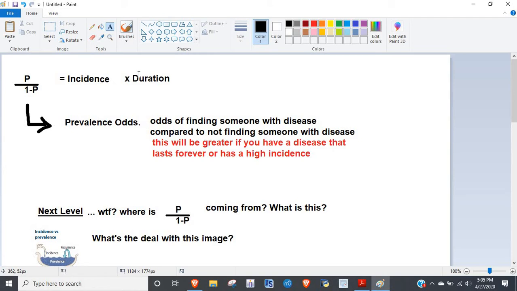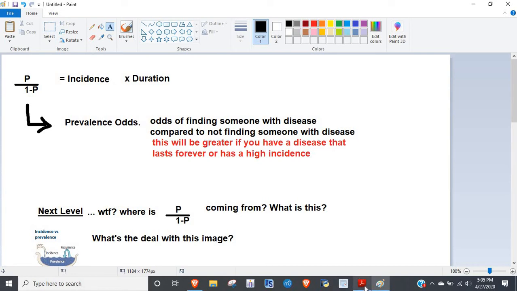You have a disease out there, and let's say it lasts a second. Well, the prevalence is going to be tough because you're not going to be able to really find someone if the disease lasts a second. But for something like diabetes where it lasts forever, the odds of finding someone with that disease are going to be much greater than finding someone without the disease.